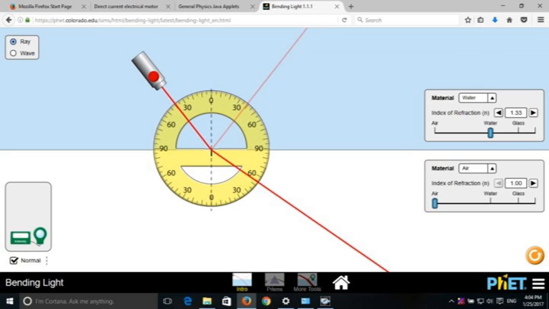This is 30, 40, 50, 55 degrees. So the angle of refraction is much larger than the angle of incidence. This has happened because the ray is starting from the denser medium going towards the rarer medium. In that case the bending is away from the normal.